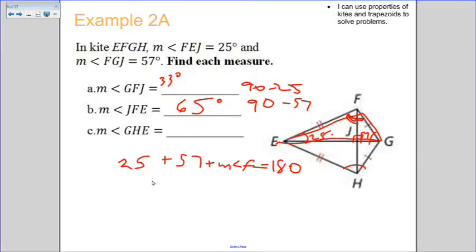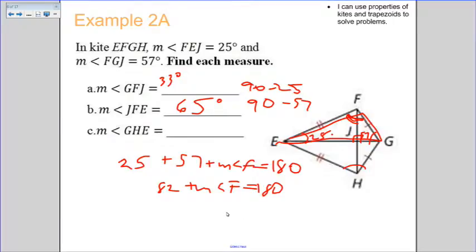So if I just add 25 and 57, you get 82, plus the measure of angle F equals 180. Sorry, this is so bad.